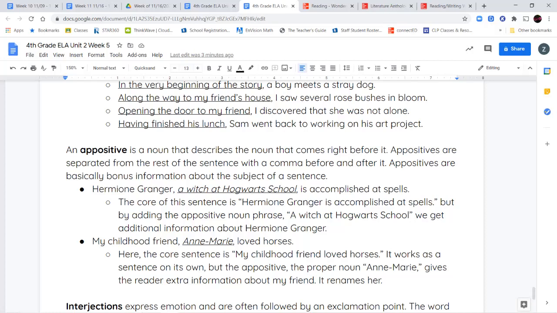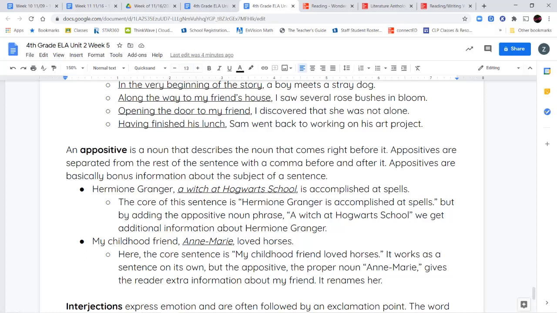But by having it in there, I'm telling my reader more information about the subject of my sentence, who is Hermione Granger. So an appositive phrase gives you extra information. It's surrounded by commas, a comma before it and a comma after it. And if you take it out, it doesn't affect the sentence. It doesn't make the sentence not a sentence anymore.